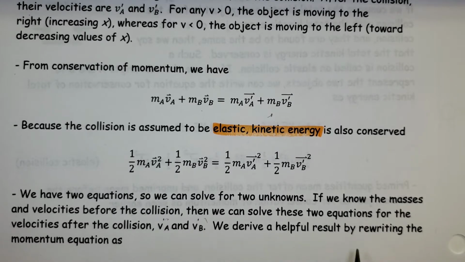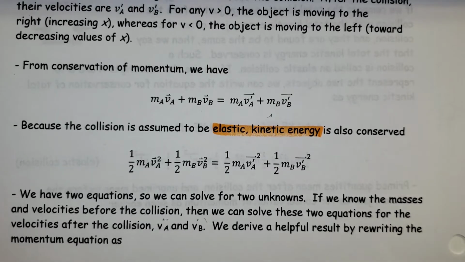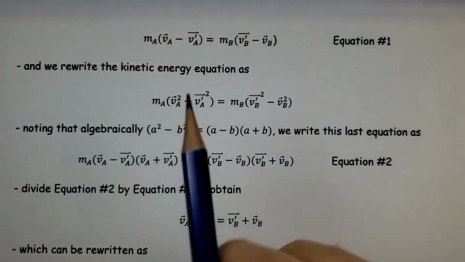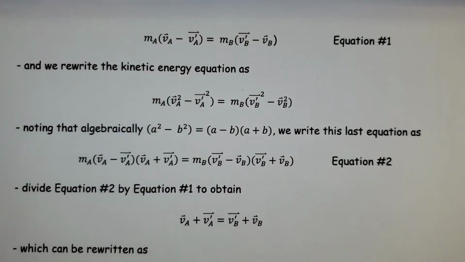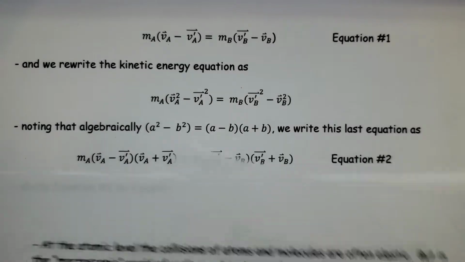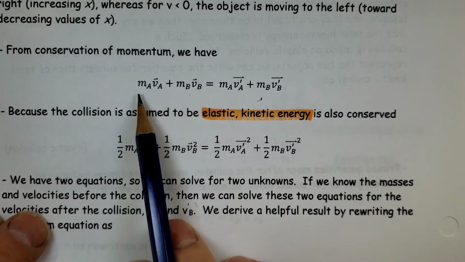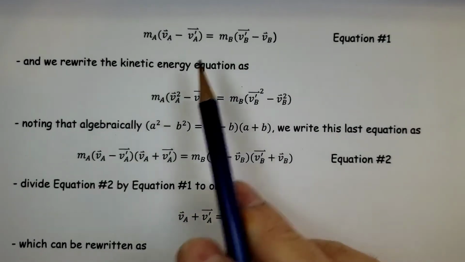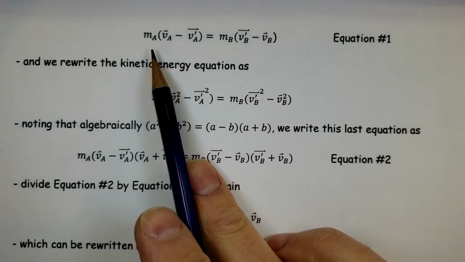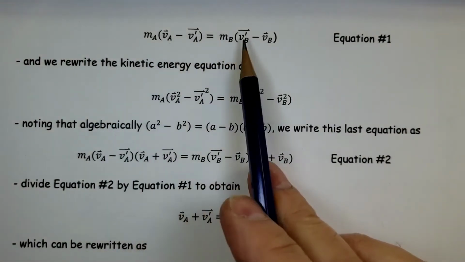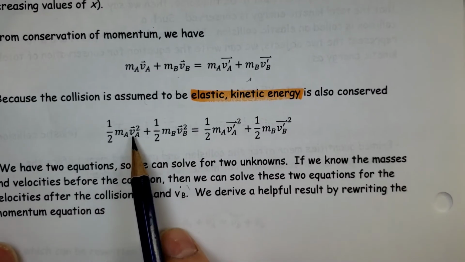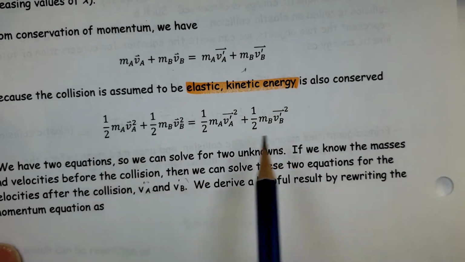We derive our helpful result by rewriting the momentum equation. With that first momentum equation, we bring all the A's to one side and all the B's to the opposite side. And of course we can factor out MA, and MB on the other side, because of before and after. Then take the kinetic energy equation, bring all the A's to one side, the B's to the other side.